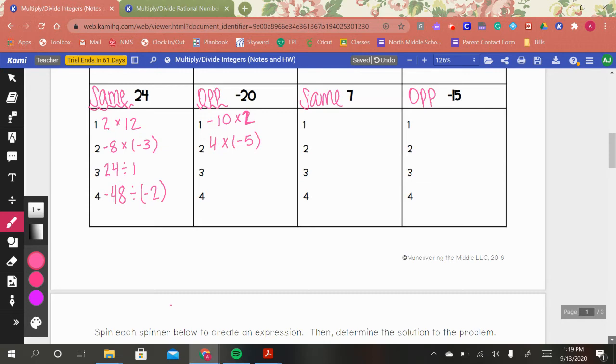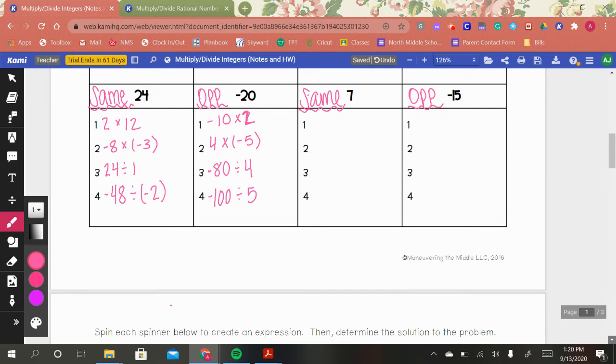And then let's think. -80 divided by 4 would be -20. And -100 divided by +5 will give me an answer of -20. Again, you are just making up your own so that you get in the habit of same sign, positive answer, opposite sign, negative answer.